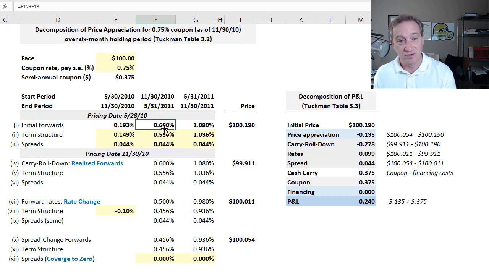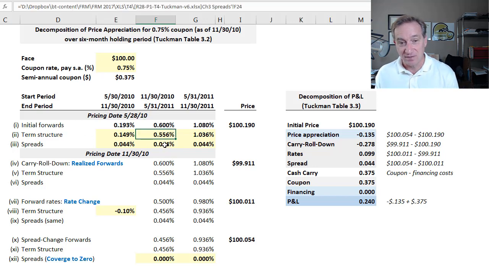If I take this 6-month forward rate, meaning the 6-month forward rate beginning in 6 months, ending in 1 year, that will discount the cash flow to be received in 1 year. This is 60 basis points, but it's the summation of what Tuckman calls the term structure and the spread, right?